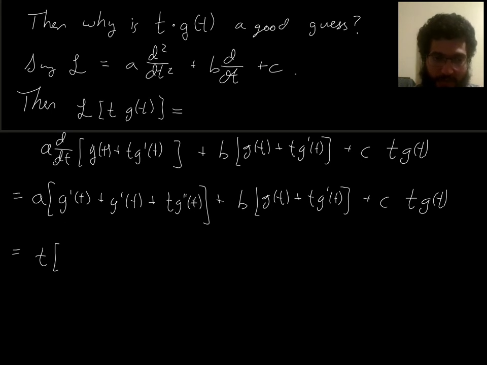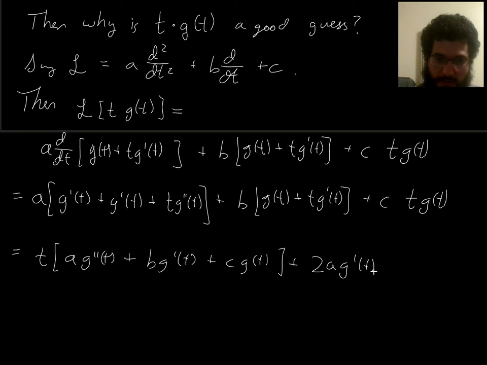We've got a g prime prime, b g prime, c g. That's all stuff that's multiplied by an overall factor of t. And then what's not is I've got a, and then together these are 2g prime. So 2a g prime t. And then here I've got b g of t.